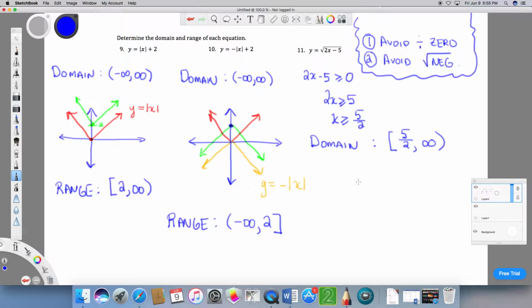The graph of a square root function, we know that it has a domain that's 0 or positive. That's the square root of x. This minus 5 is actually a shift to the right 5 units.